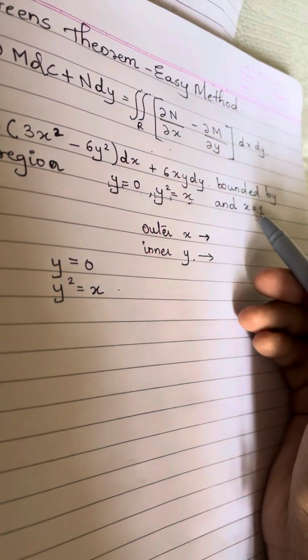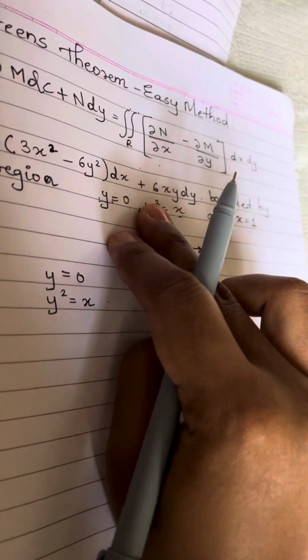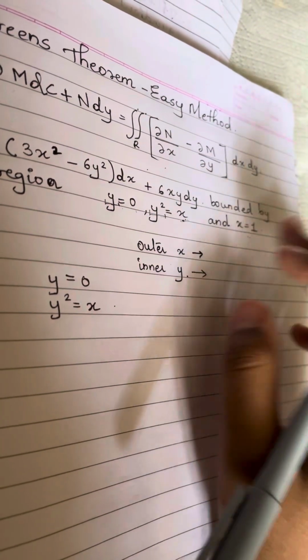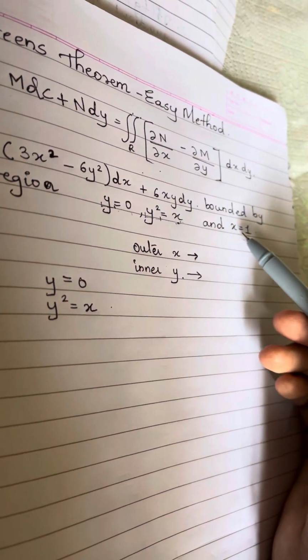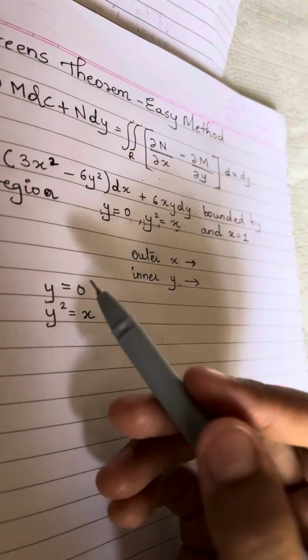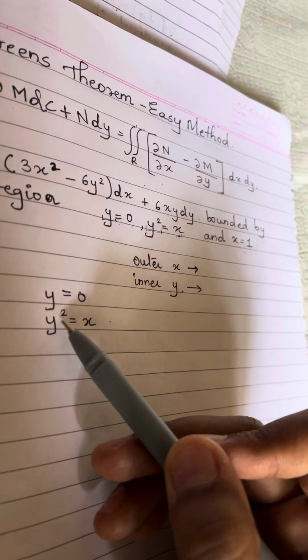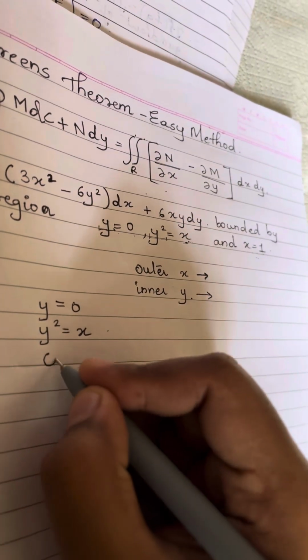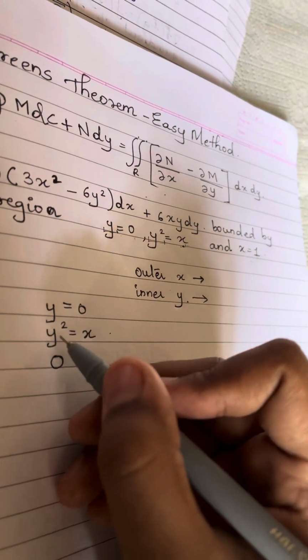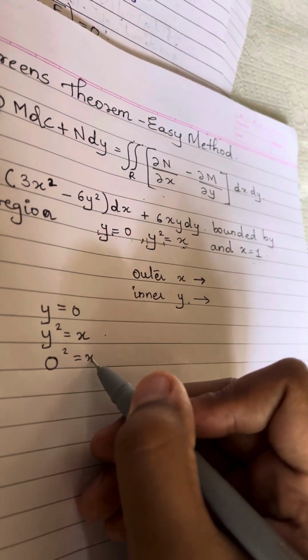Now to find the value of the other x, we should actually have two y's and two x's, but only one x is given. To find the value of the other x, we simply substitute the value of y here, and this will become this.